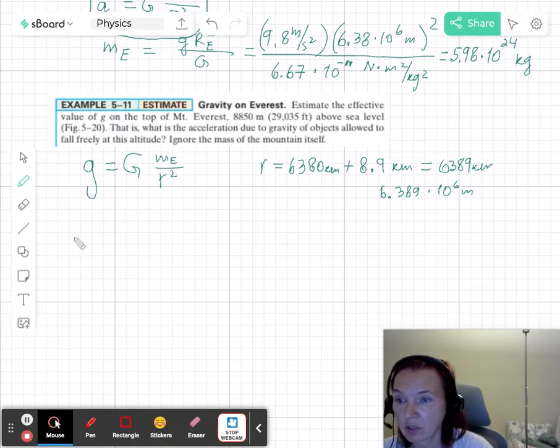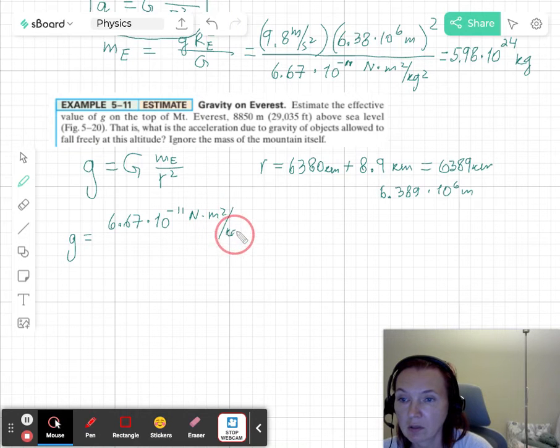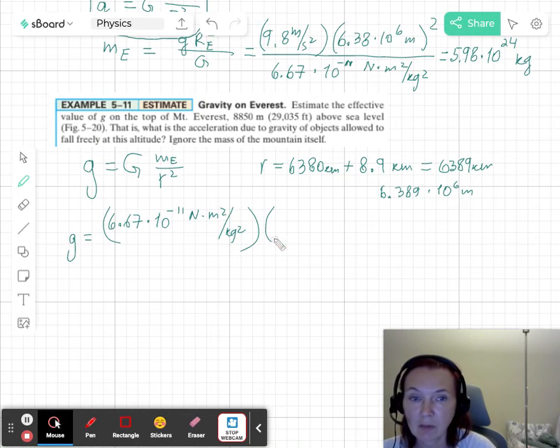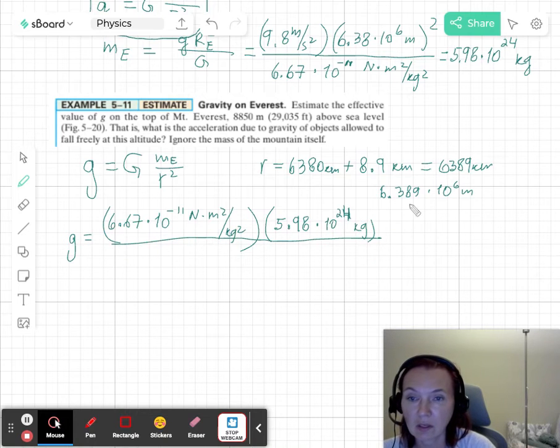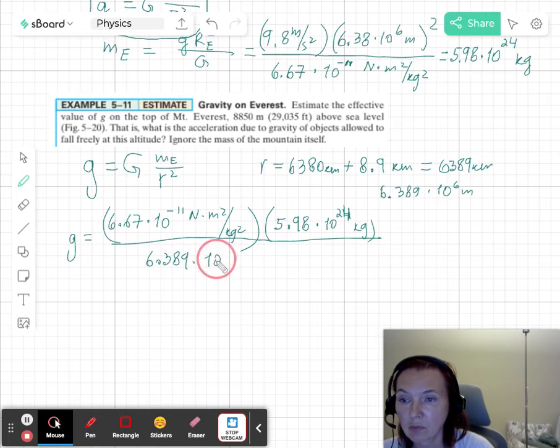Now let's plug into our equation, and we get that g has to be equal to 6.67 times 10 to the power negative 11 Newton meters squared over kilogram squared, multiplied by the mass of the Earth, 5.98 times 10 to the power 24 kilograms, all over the radius, 6.389 times 10 to the power 6 meters, squared.